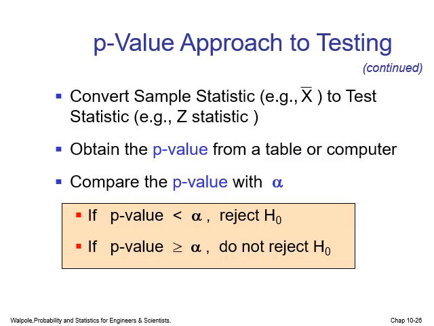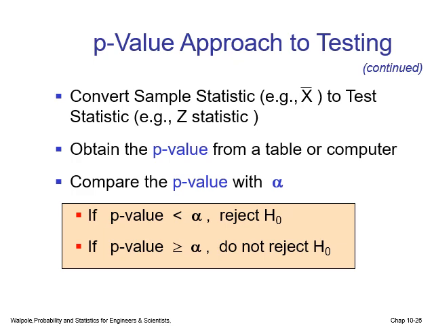This approach simply converts the sample statistic to a test statistic, for example a z statistic, and then we calculate the p-value from a table or a computer, and compare this p-value with alpha.